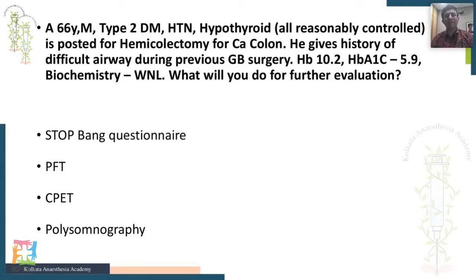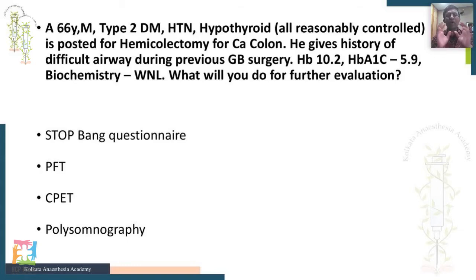So this is a 66-year-old male with type 2 diabetes, hypertensive, and hypothyroid. All of them are reasonably well controlled and he is posted for hemicolectomy for CA colon. He gives a history of difficult airway during a previous gallbladder surgery, which happened some 6 years back. Hemoglobin is 10.2, glycosylated hemoglobin is 5.9. The routine biochemistry and hematology otherwise are normal.